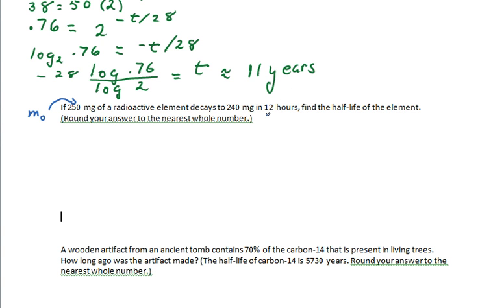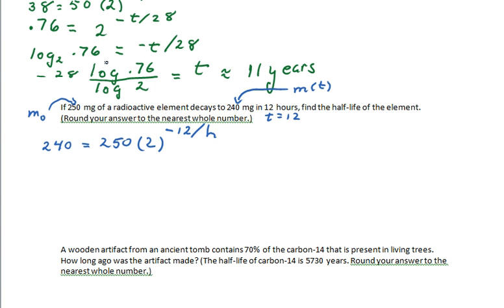Our t is equal to 12, and the 240 is the mass at time t. And so the equation that we have is 240 equals 250 times 2 to the opposite of 12 over h. And h is what we're looking for, the half-life.